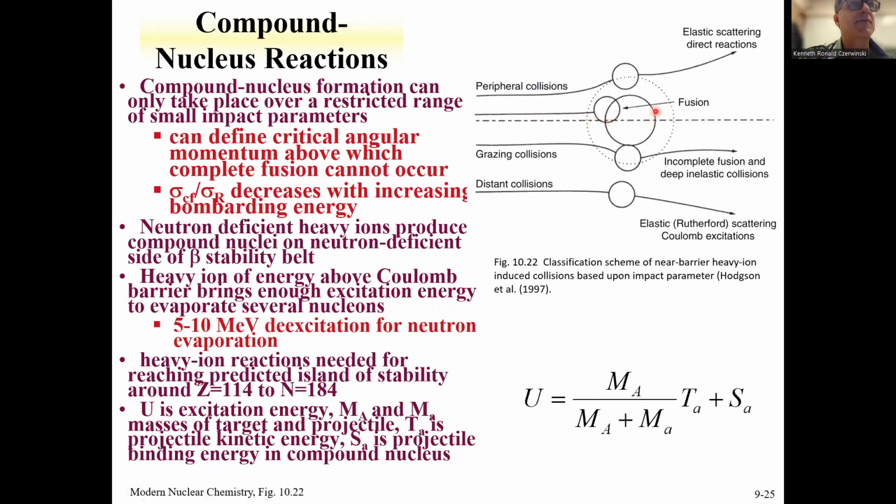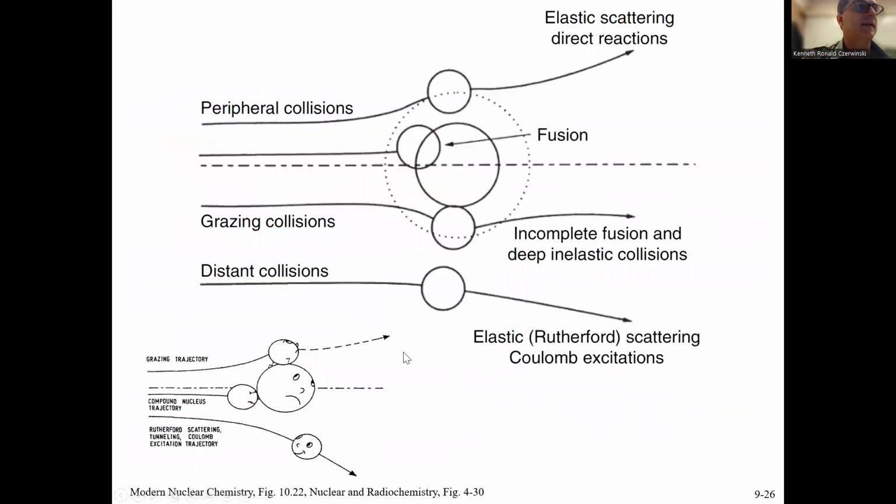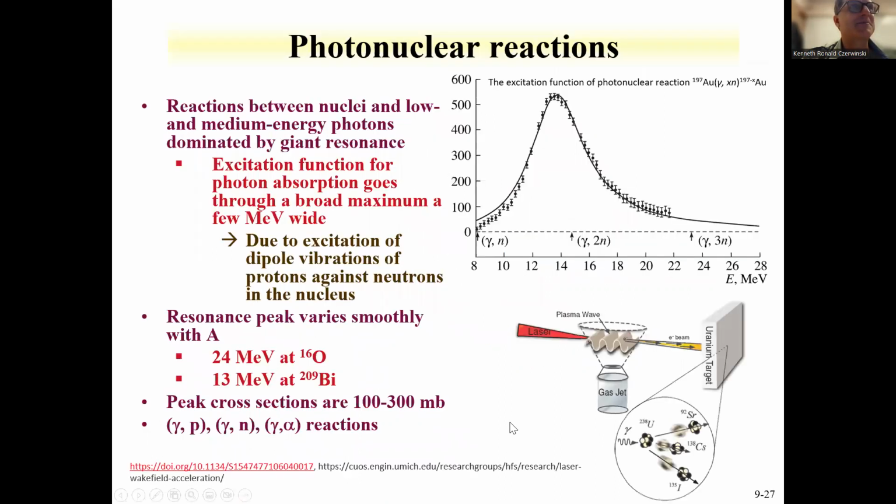So a particle comes in, forms this nucleus. It has lots of energy. One of the ways it can de-excite, it can get rid of 5 to 10 MeV by just boiling off a neutron. And this is just some detail. And then there was this figure that I like from nuclear and radiochemistry, where this particle's happy because it just got scattered, where these particles start changing because of their interactions.